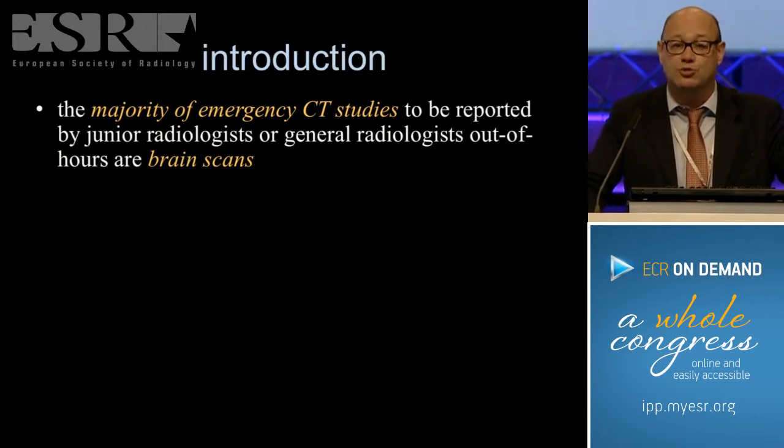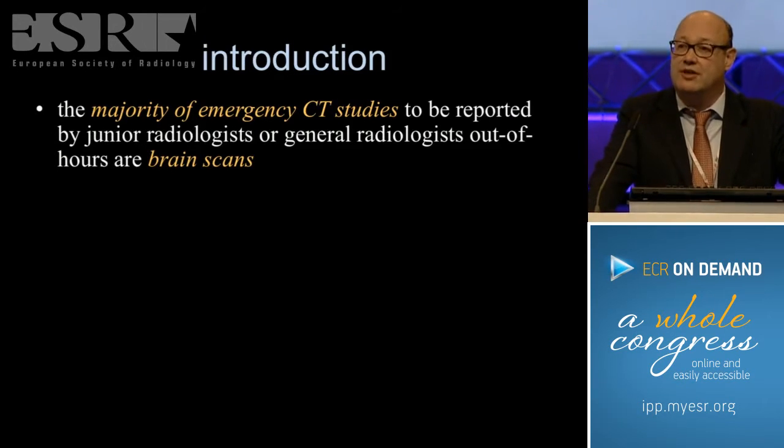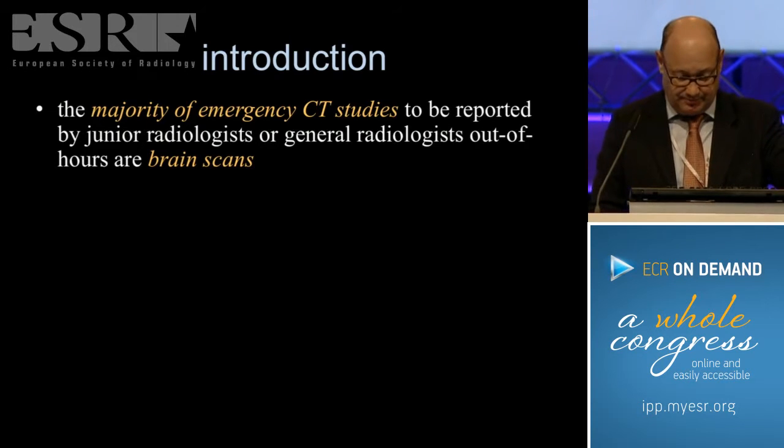I think that most of you are aware that the majority of emergency CT studies that are performed are done by young radiologists, junior radiologists, people in residency, and most of these studies are brain scans.